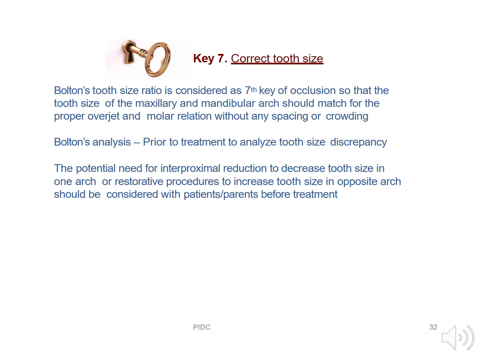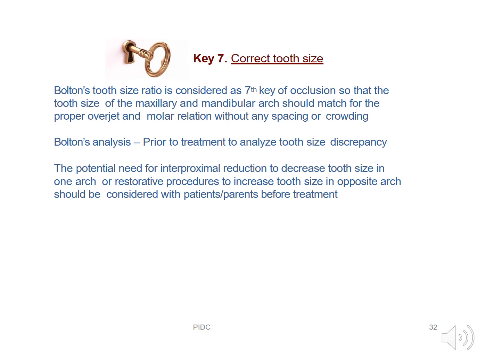Bolton analysis is an analysis that the orthodontist will do prior to treatment to analyze tooth size discrepancy. The potential need for interproximal reduction to decrease tooth size in one arch, or a restorative procedure to increase tooth size in the opposite arch, should be discussed with the patient or parents before treatment.